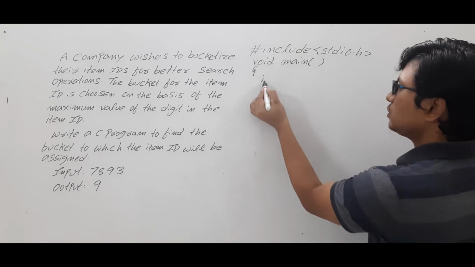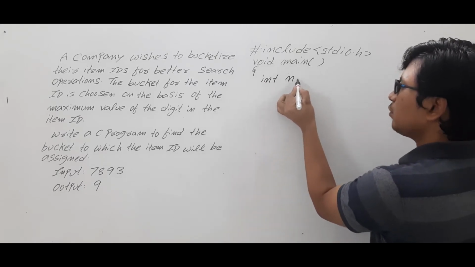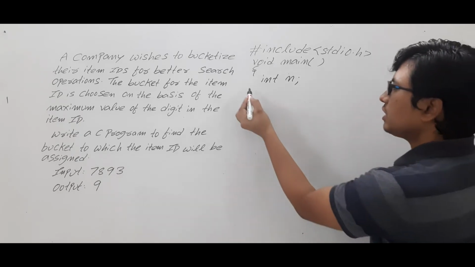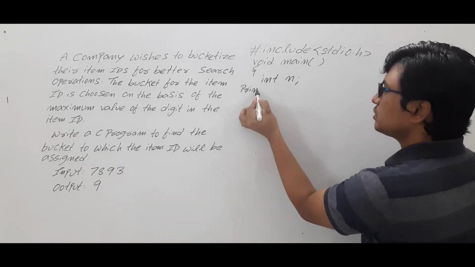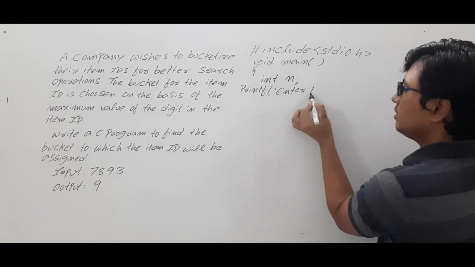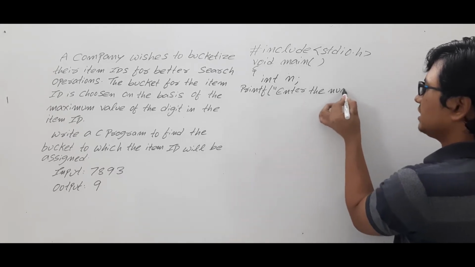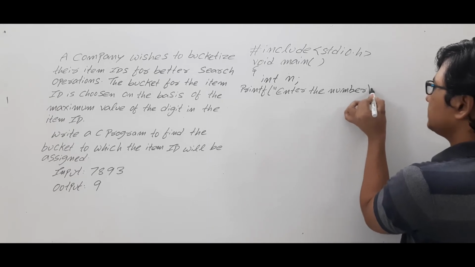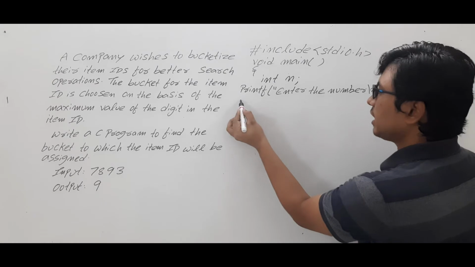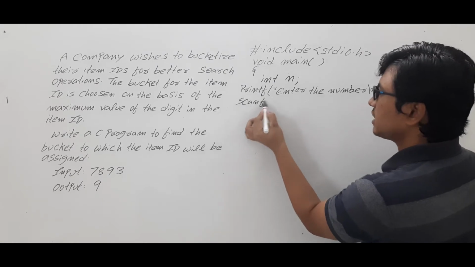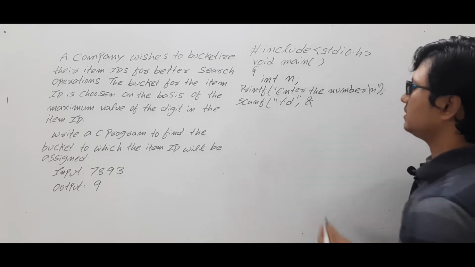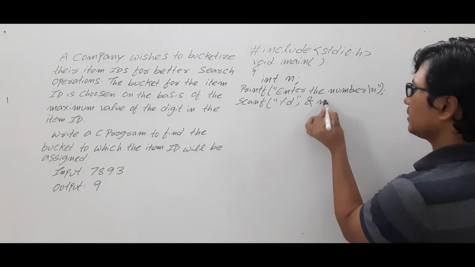Now what I need to do, I need to declare one variable called n of an integer. Then I will ask the user to enter the number with the help of printf function. So enter the number. Once the user has entered the number, I need to read that number. So scanf %d ampersand n.